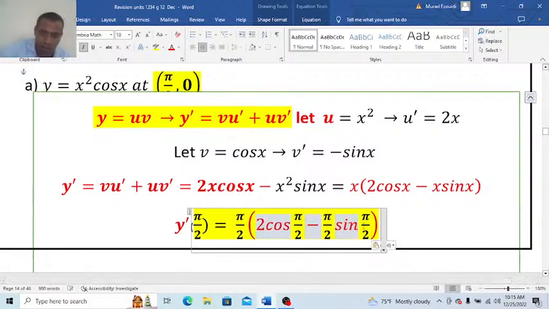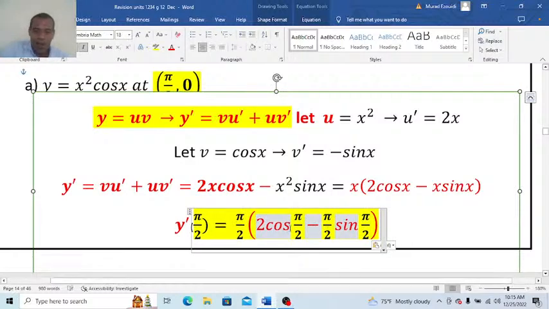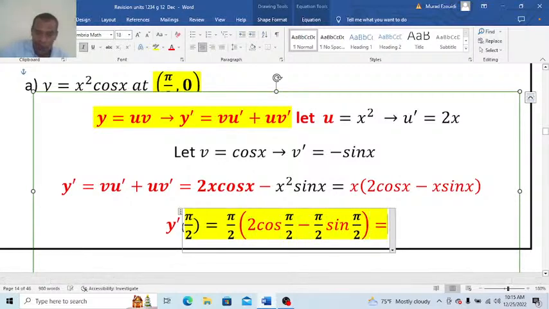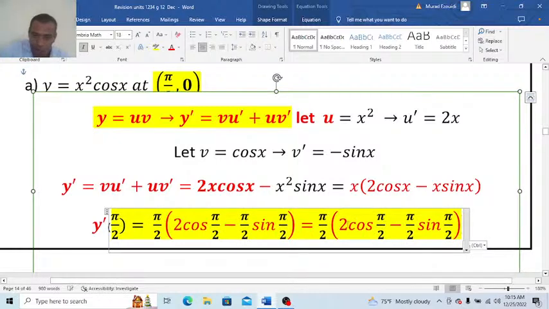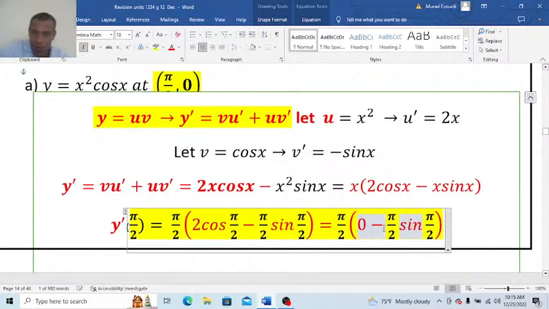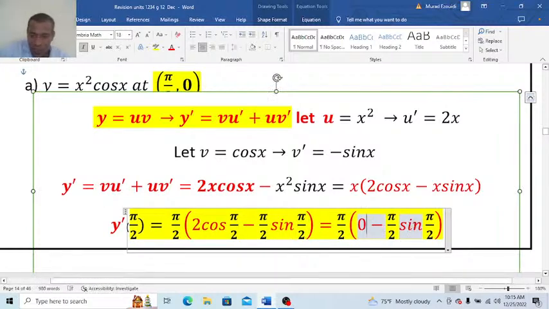But cosine pi over 2 is always 0. I will write it again for you, because you should show your work. This one should be equal to, we said 2 cosine pi over 2 is 0, so I will replace this with 0. Minus pi over 2 sine of pi over 2, and sine pi over 2 is 1, multiplied by 1.